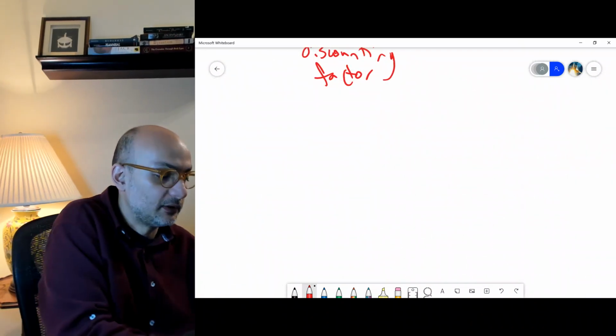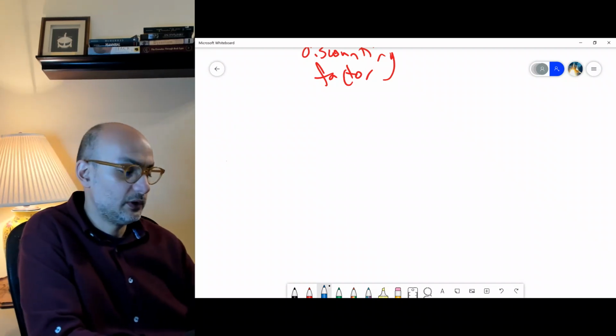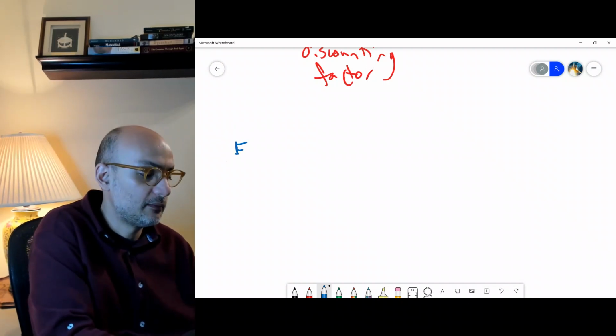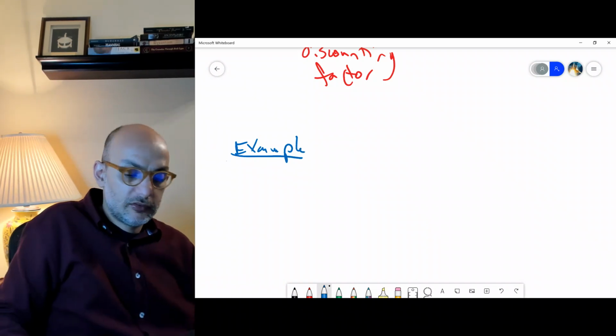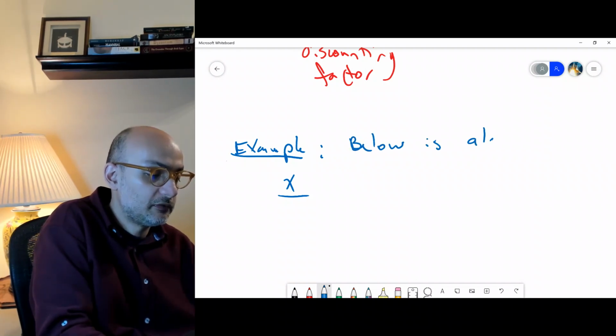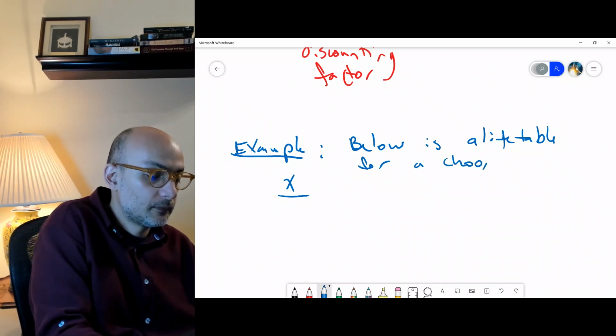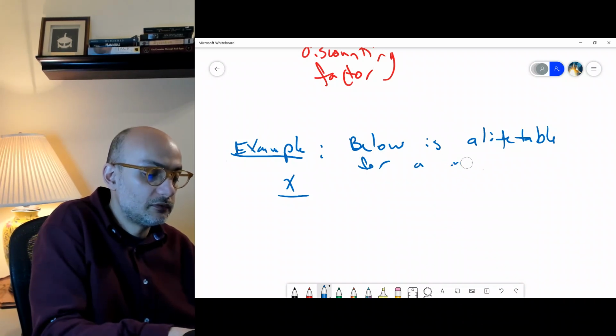Let's take one example here and see how we can compute it. I have made this example: below is a life table for a cohort of maybe 1000.